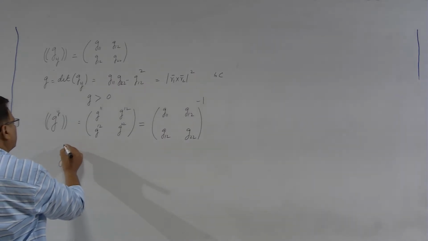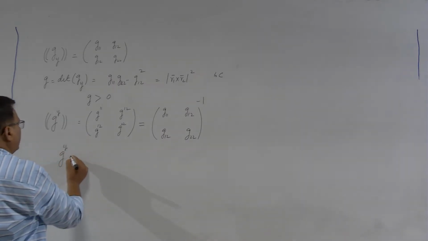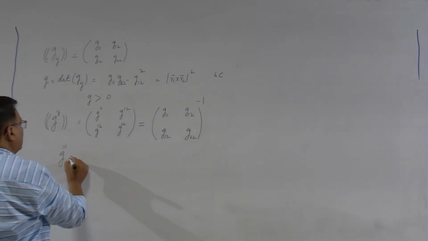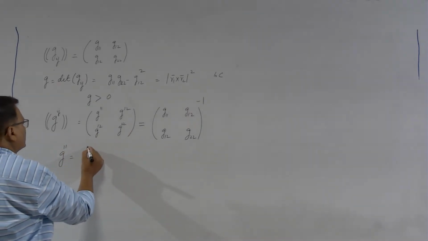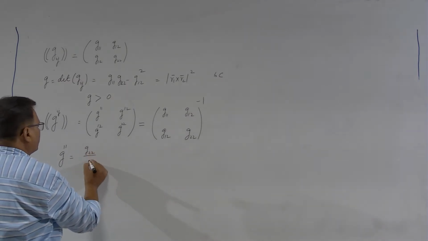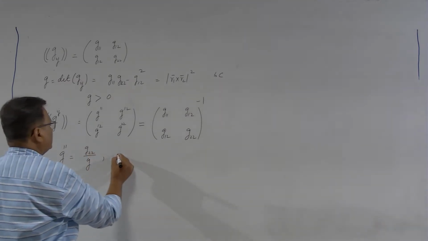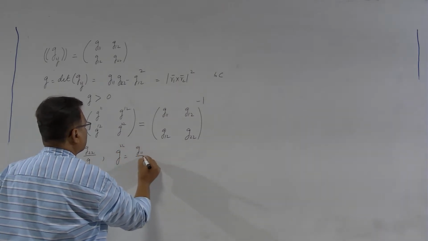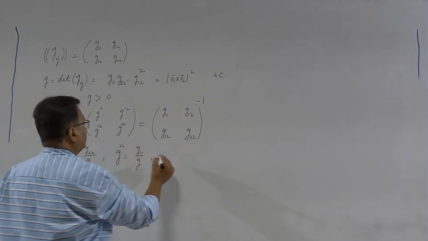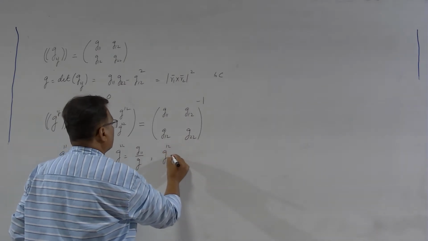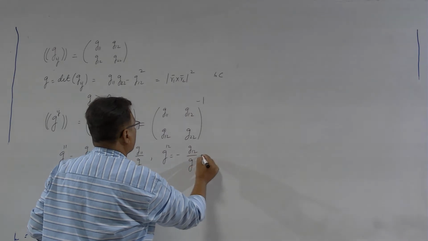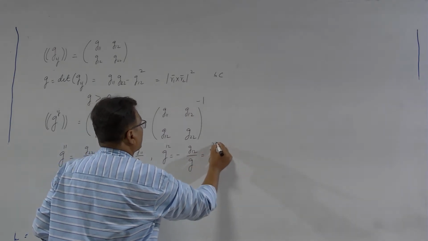The explicit relation between these two matrices is, for example, g^11 from this definition turns out to be g_22 upon g, g^22 will be equal to g_11 over g, and g^12 will be equal to minus g_12 over g, and this is same as g^21 also.